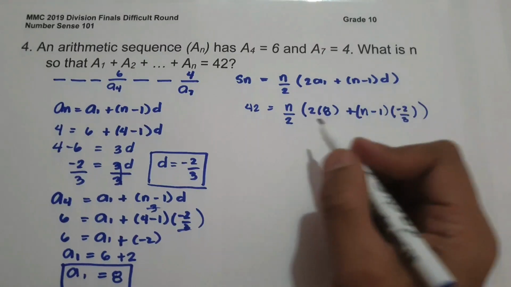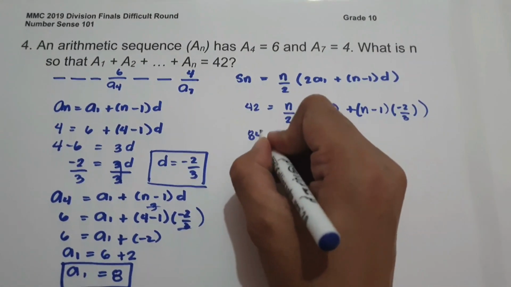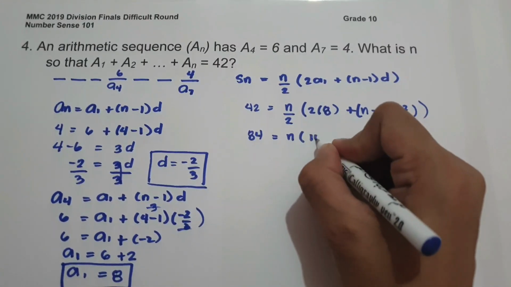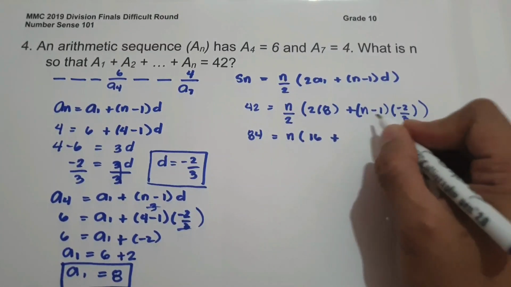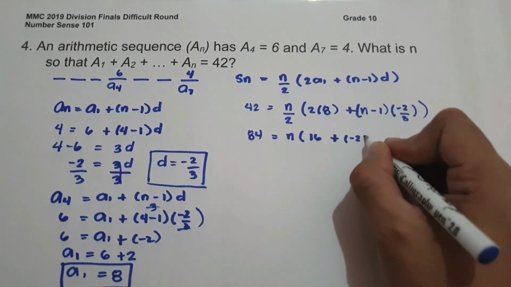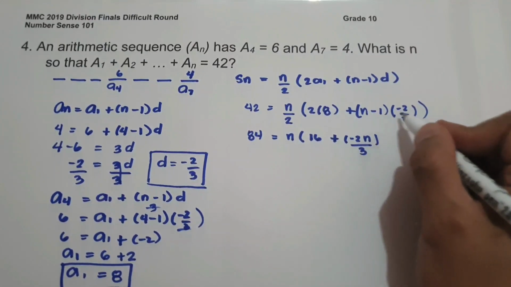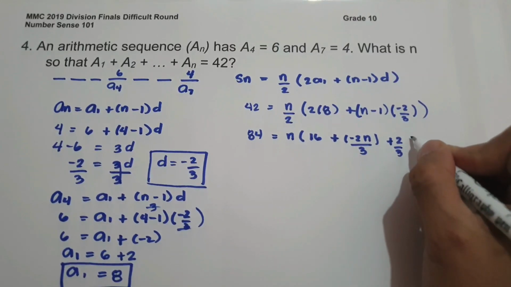So let us multiply 2 and 42, that is 84, equals n times 2 times 8, that is 16, plus negative 2 over 3 times n, that is negative 2n over 3, and negative 1 multiplied by negative 2 over 3, that is positive 2 over 3.